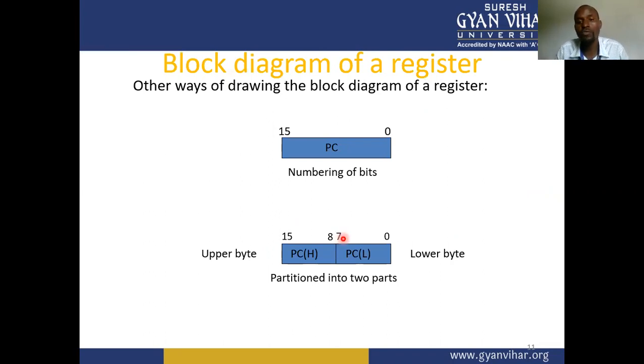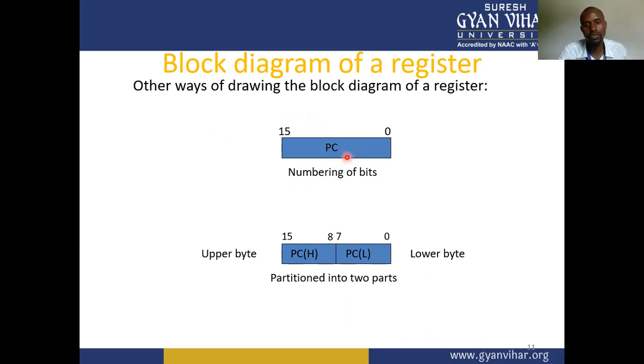Now, let us see other block diagrams of a register. Another way of drawing the block diagram of a register is by using a program counter. A program counter is a type of register, and what it does is keep the bits that need to be accessed in a buffer. That means one bit is being accessed, then the next bit will stay in line, like in a queue.